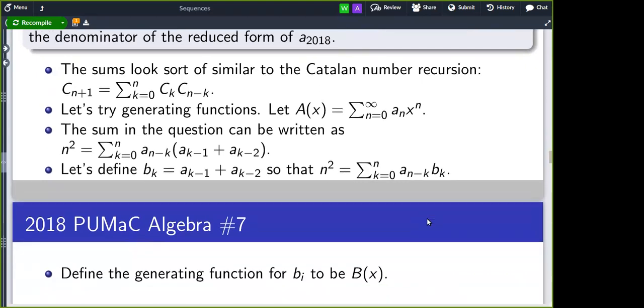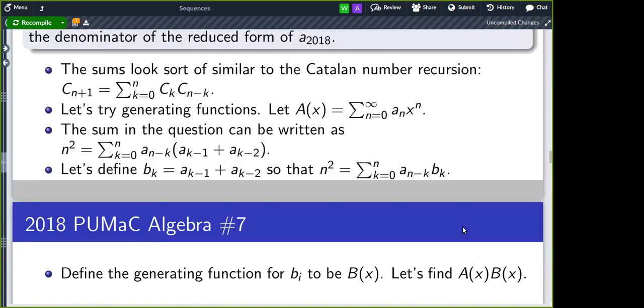Yeah, multiply. So if we multiply a of x times b of x, then we get the following.